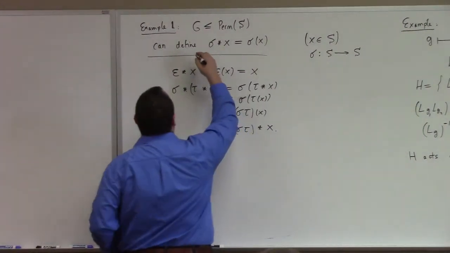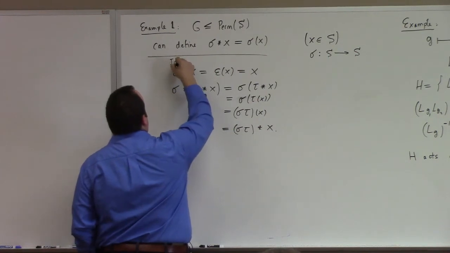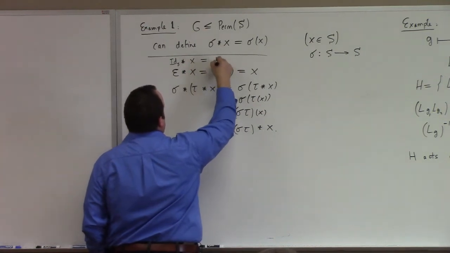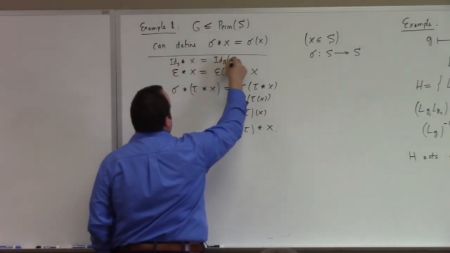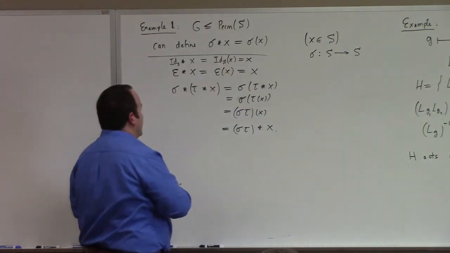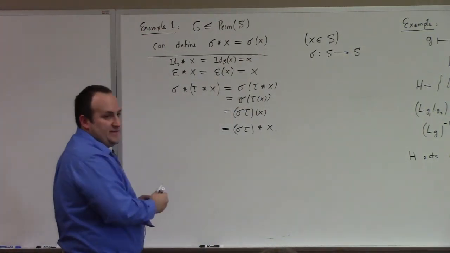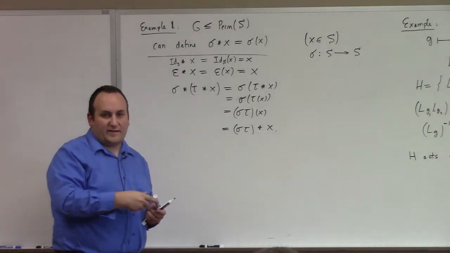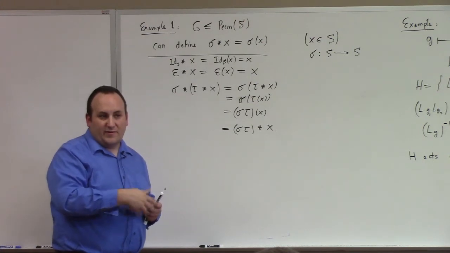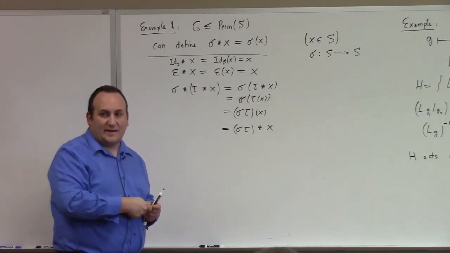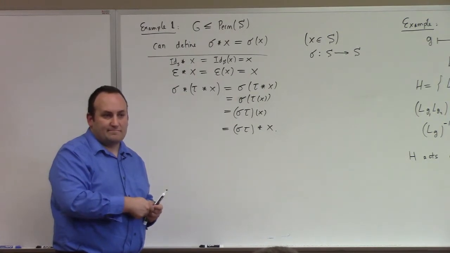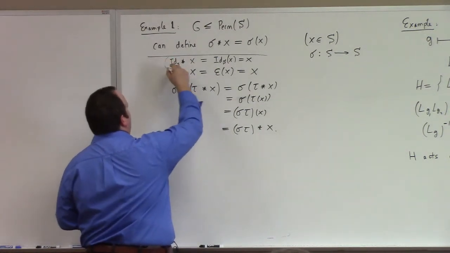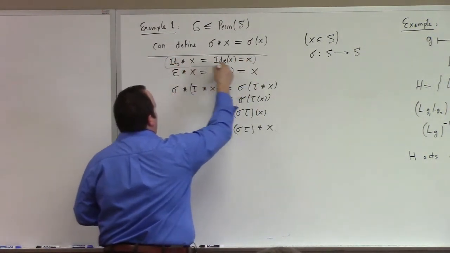I should really put the identity on S acting on X is equal to the identity on S of X equals X. That would be better, since this epsilon symbol depends on notation. What notation do you want to use? Do you want to let the variable epsilon count for the identity in the permutations on any set? Or do you just want it to be the identity on permutations from numbers 1 through n? Any set sounds fine. So if you think that that's an abuse, then you should write what I just wrote in blue.